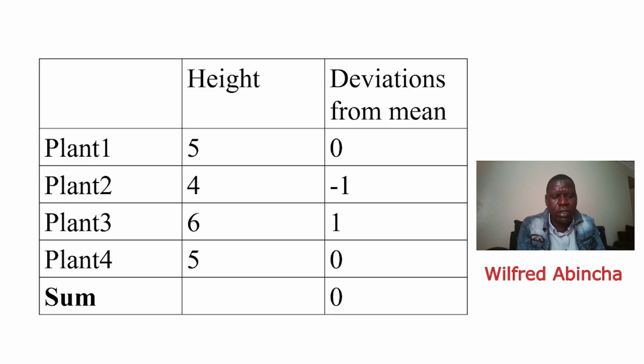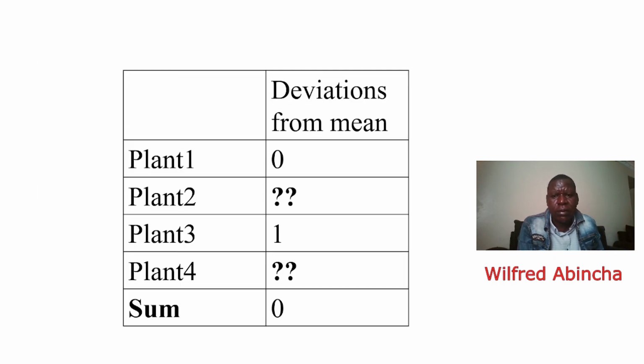With that knowledge, if you are given a table like this, but you are not given the height of individual plants, and you are requested to provide the deviation from the mean of two plants whose values are missing, this is not possible. But if you are given a table like this with a sample of 4 plants, but 3 plants have their deviations, and you are requested to provide the deviation from the mean of 1 plant, for example plant 3, you will be able to provide it.